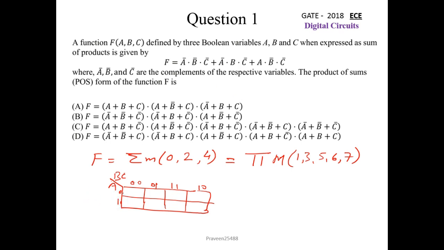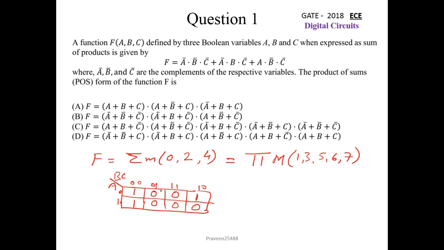A bar, B bar, C bar, so there would be 1 at this position. A bar, B, C bar means 0 1 0, so here it would be 1. And A, B bar, C bar, this is 1, and remaining will fill as 0. So now the product of sum form will represent these zeros terms.